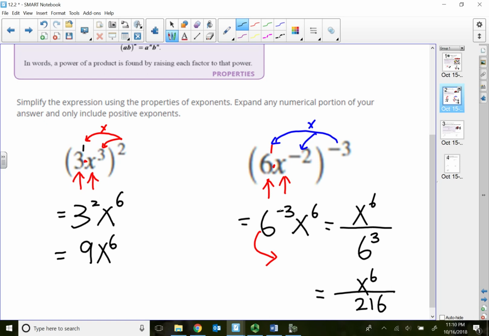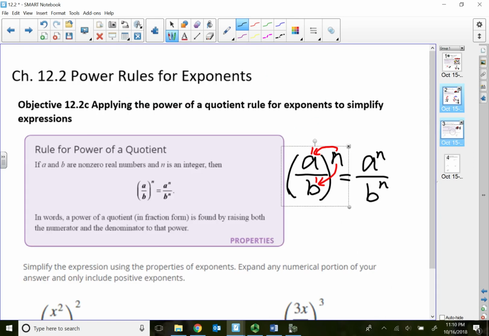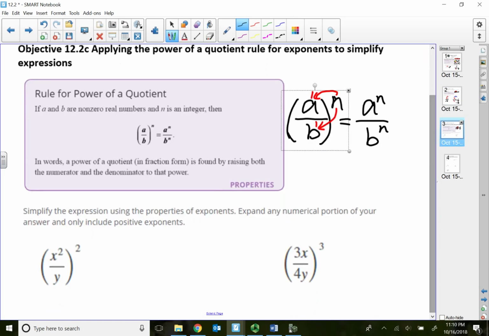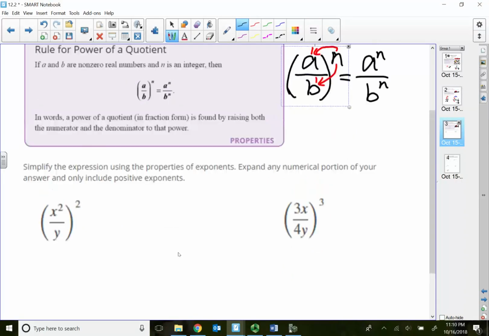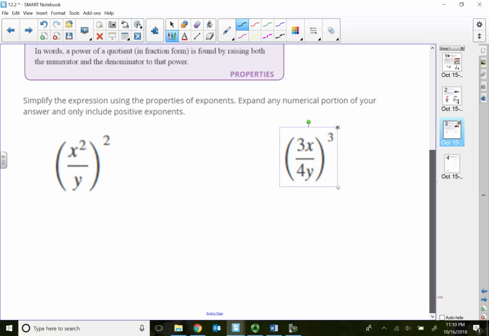If I type in 6 to the negative 3 power and then convert it into a fraction, that will be 1 over 216. What that means is it puts 216 in the denominator. So if there's no negative exponent, we don't think about flipping to the other side of the fraction.